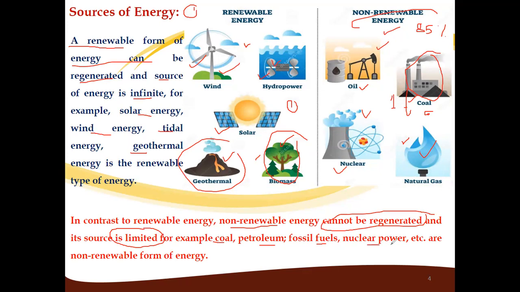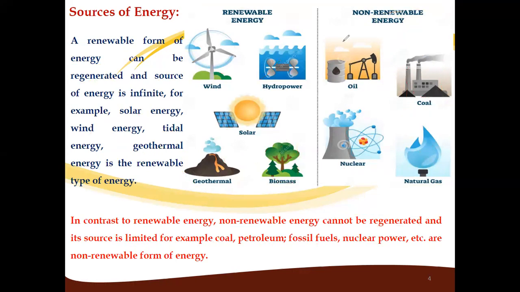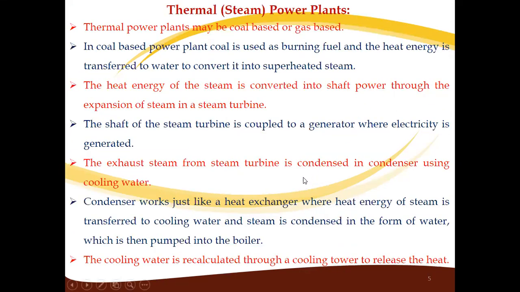Now we will see the first power plant, which is mainly based on coal. That is called a thermal power plant, or it is also called a steam power plant.